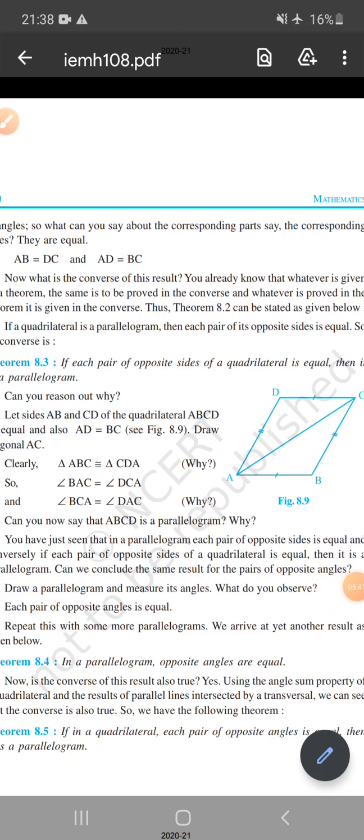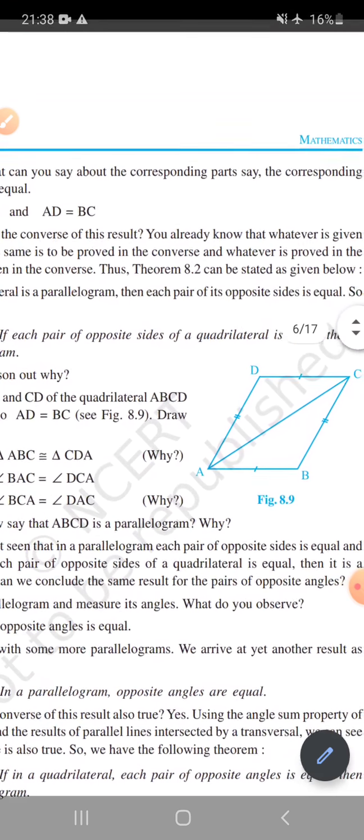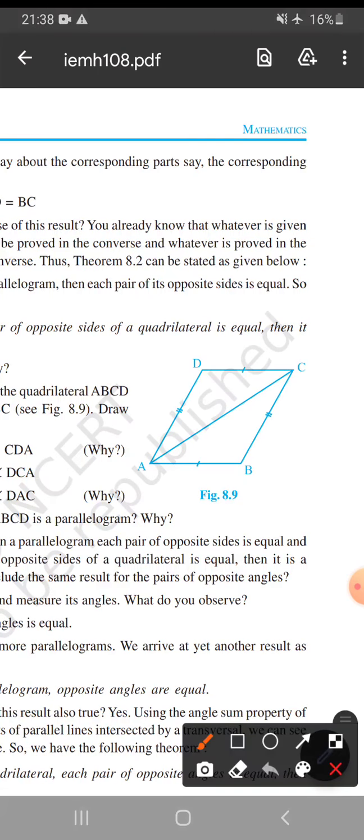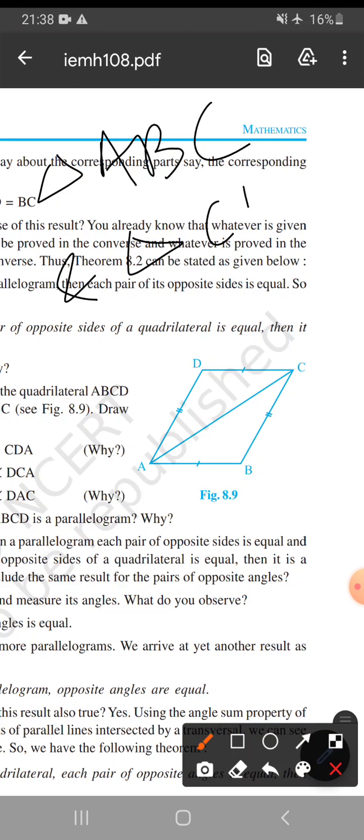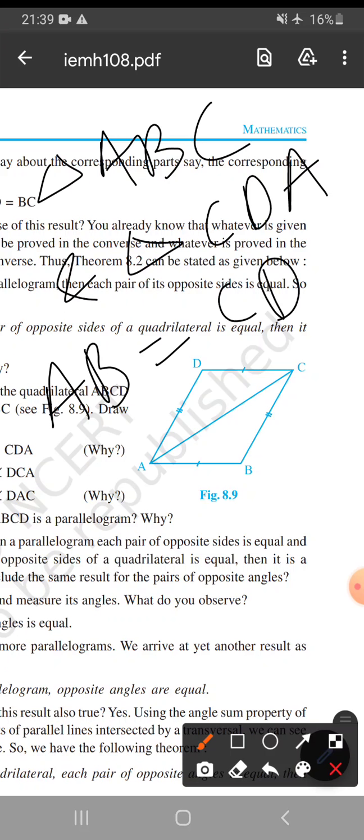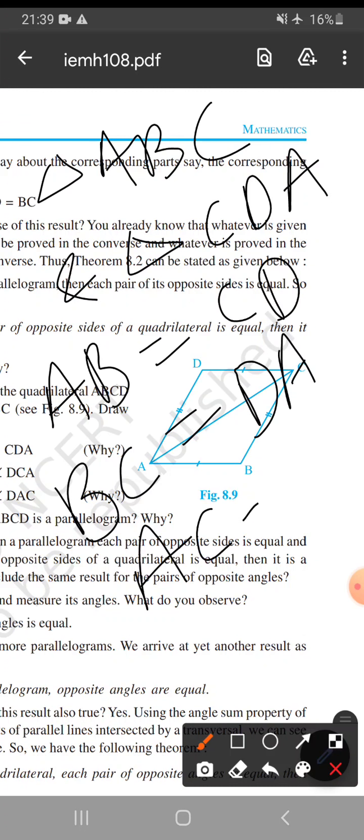The reason behind angle BAC being equal to angle DCA is that in triangle ABC and triangle CDA, we can see AB is equal to CD, BC is equal to DA, and AC is equal to AC.